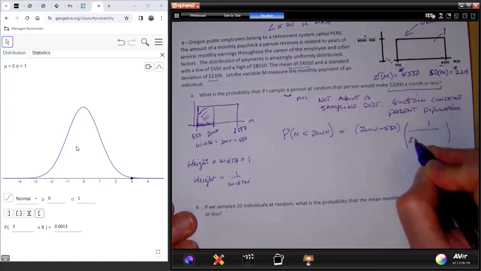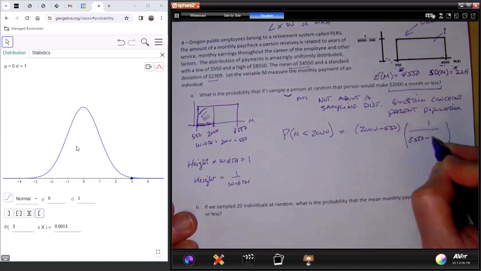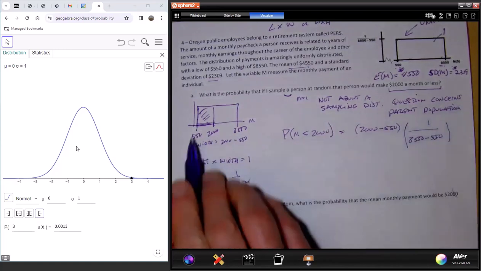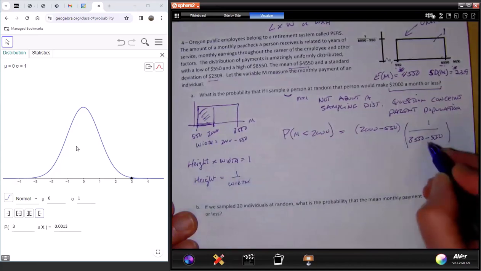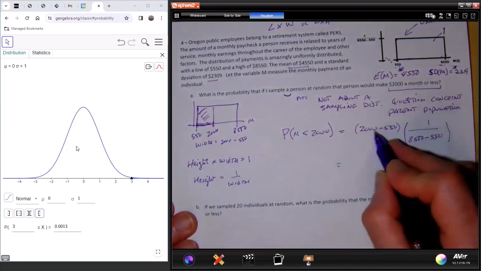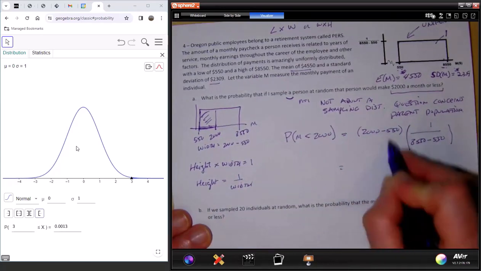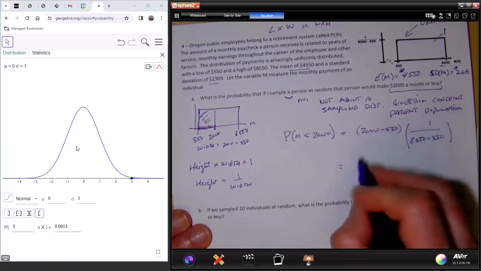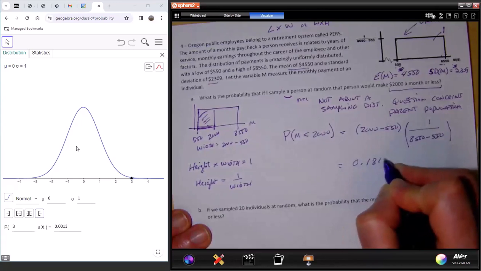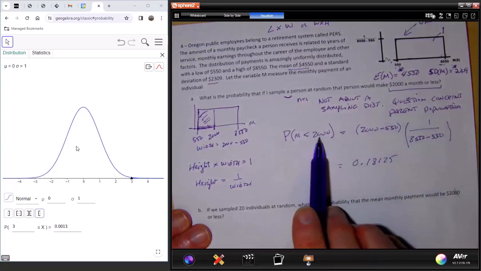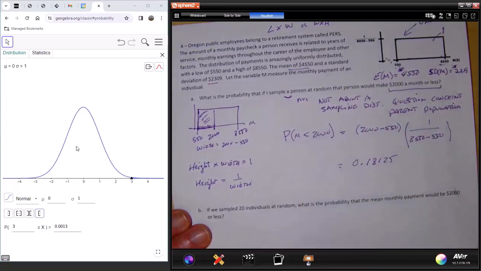So I need to calculate 2 different widths: one for the entire thing and one for the width of this rectangle. Take the ratio of the two, and what I get here is 0.18125.